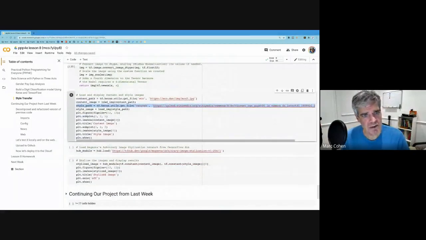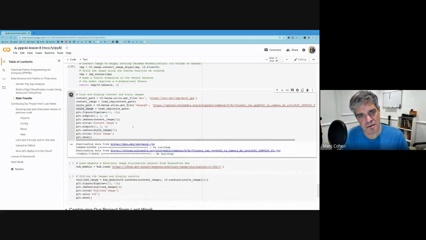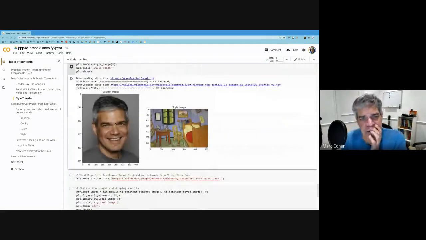Giving it these two images, calling load image with the path for both of them. I'm calling the first one content image and the second one style image. And then I'm just displaying the two images in the output of this cell. Just going and getting the two, and there's displaying them. Okay, so the content image is me, and the style image is this painting by Van Gogh.